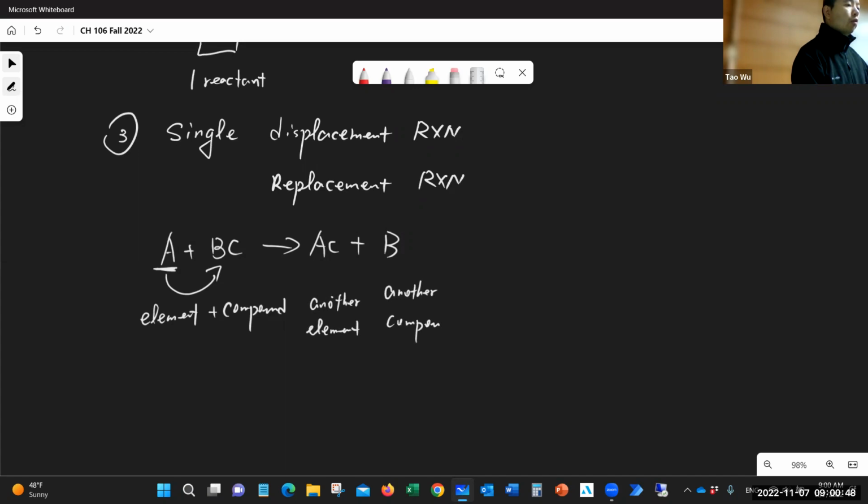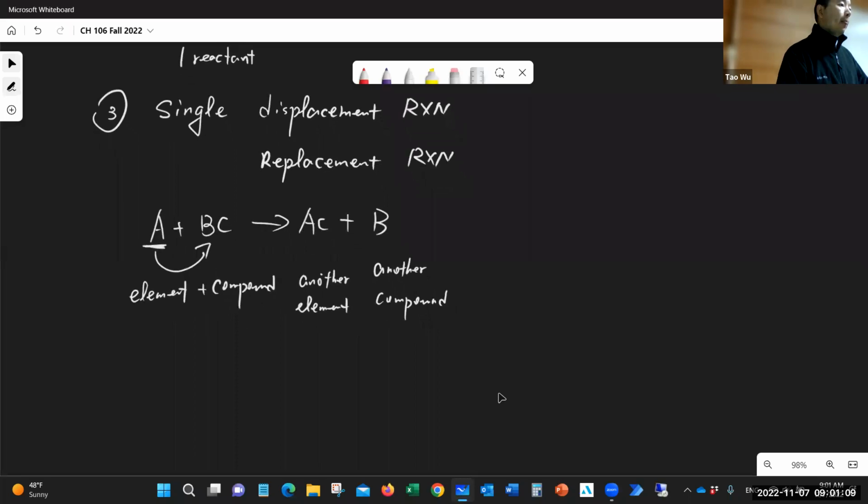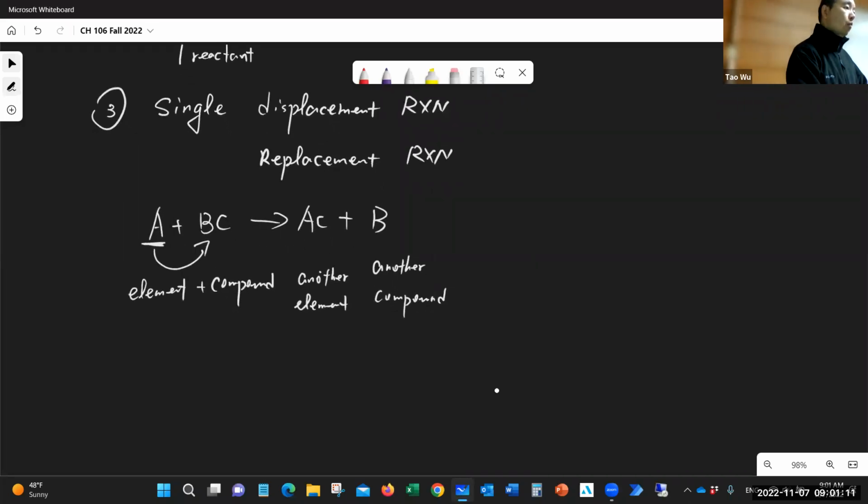If you look at the equation and it looks like that, one element plus one compound forming another element and another compound, obviously that's going to be a single displacement reaction. And the last one, no, not the last one.